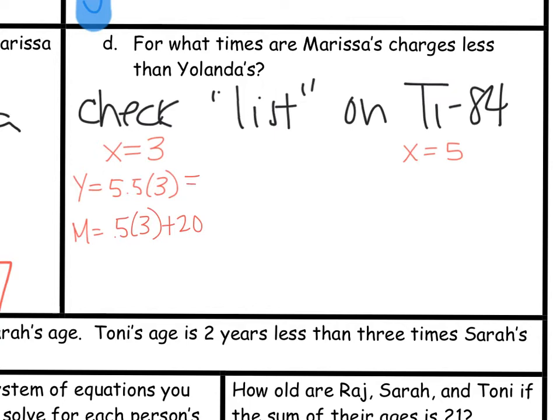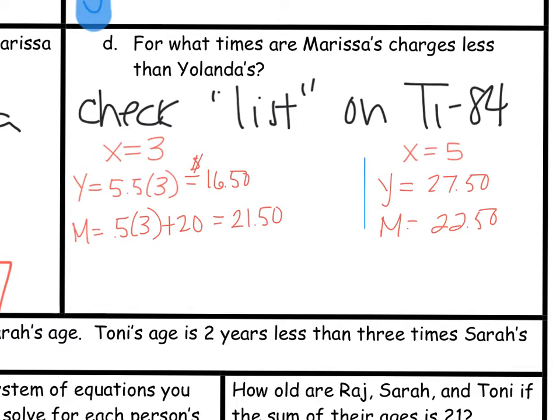So for Yolanda, we get a total of $16.50 when they babysit for 3 hours, and for Marissa, we get a total of $21.50. And if we did the same thing for x equals 5, Yolanda would charge $27.50, and Marissa would charge $22.50. So we're finding what times Marissa is less than Yolanda, and clearly that's this part right here.